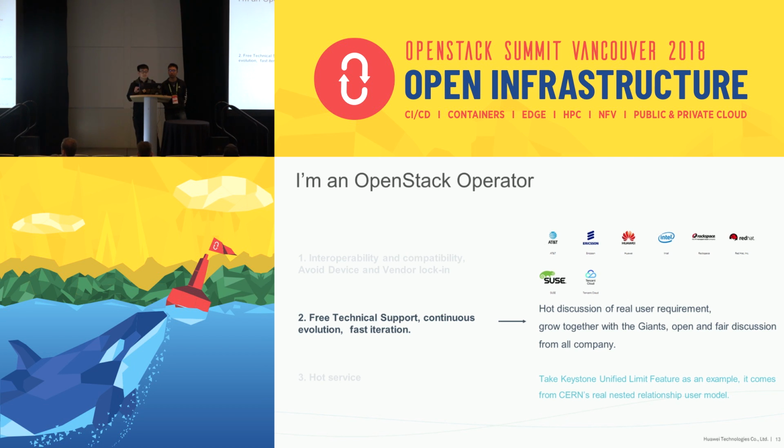It's similar for feature requests. Everyone can raise their request to the community, and there will always be fair discussion for everyone. The small ones can grow together with the giants. One example is the Unified Limits feature. It was raised by CERN lately, has been discussed across the community, and is being implemented now.